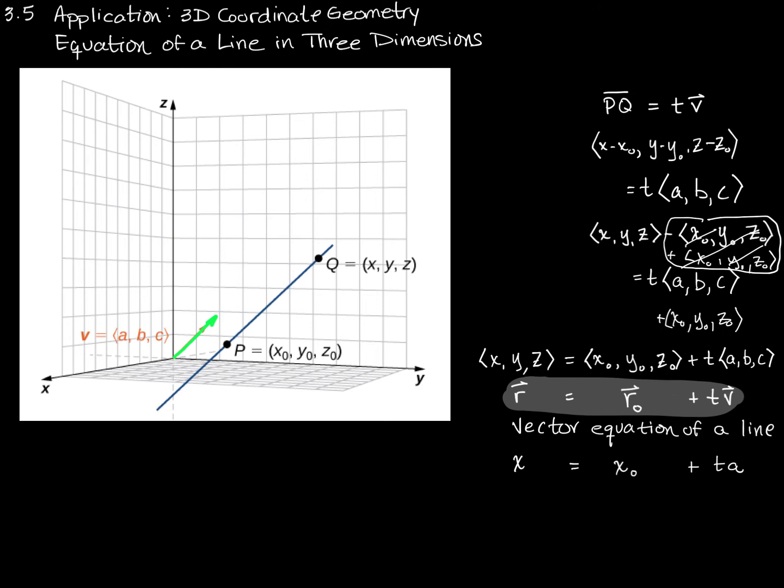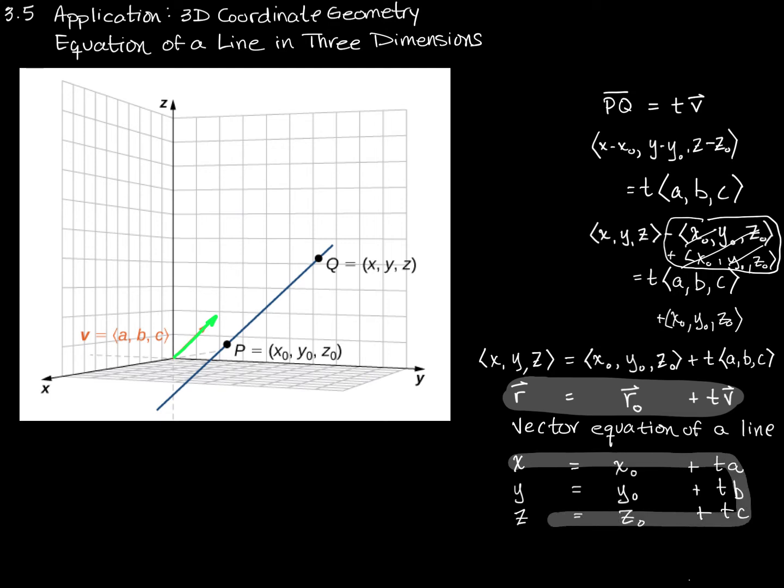So I also have the sentence y equals y naught plus tb, and z equals z naught plus tc. This collection of equations, let's get them all in there, are collectively called the parametric equations of a line.